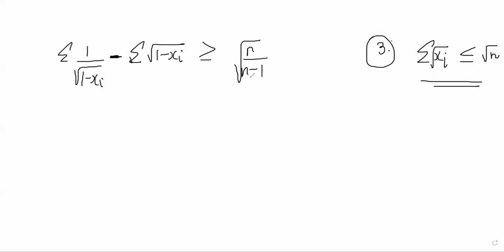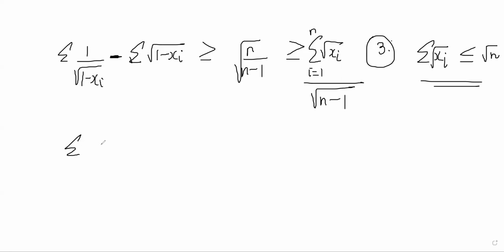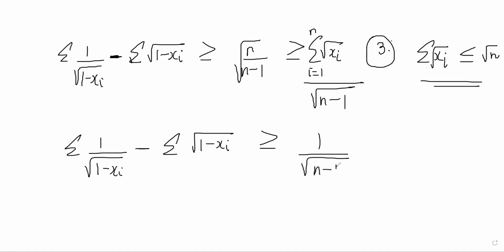So we can say that this is greater than or equal to summation of root xi, i goes from 1 to n, divided by root over n minus 1, right? So we are able to now establish that summation 1 by root over 1 minus xi minus summation root over 1 minus xi is greater than or equal to 1 by root n minus 1 summation root xi.